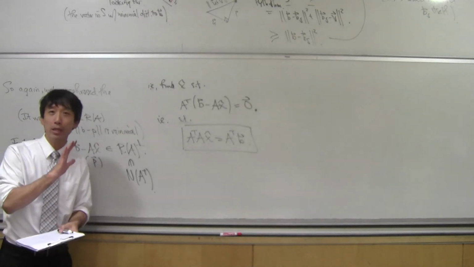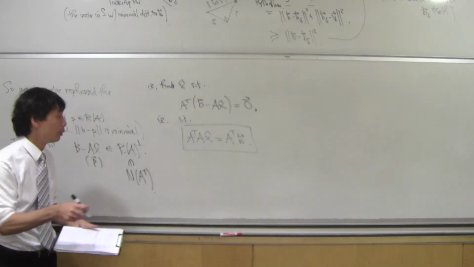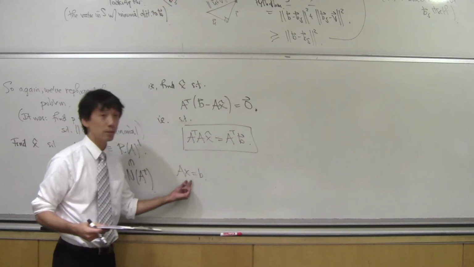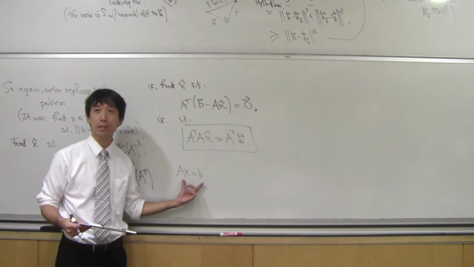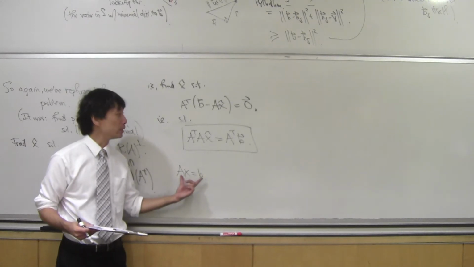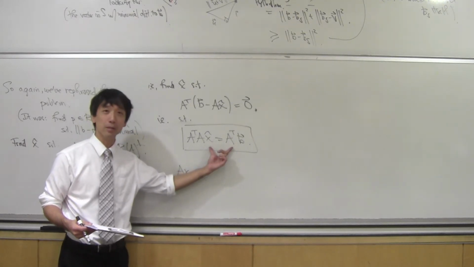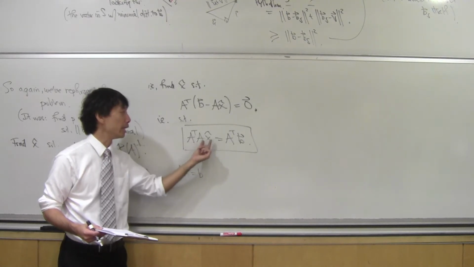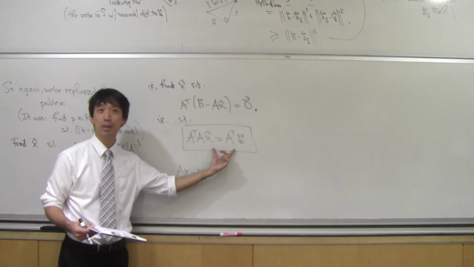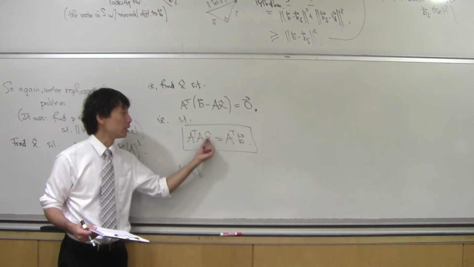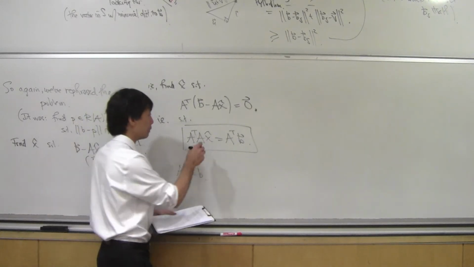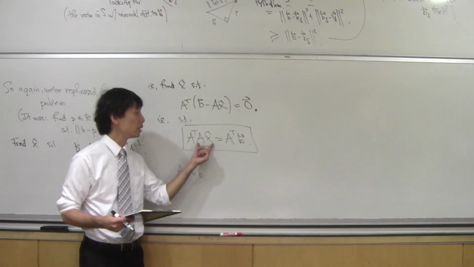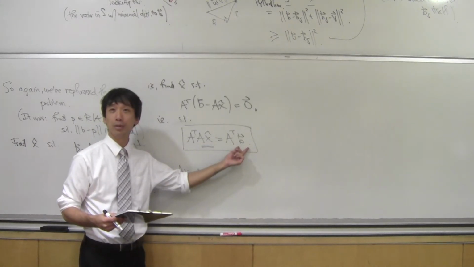Okay, so what have we done? We've taken the impossible problem, Ax equals b. We want to find an x such that Ax equals b. There is no such x. Instead, we change it to a problem that has an answer: find x hat such that A^T A x hat equals A^T b. When you solve this, then A x hat will be the closest thing to b that's possible.